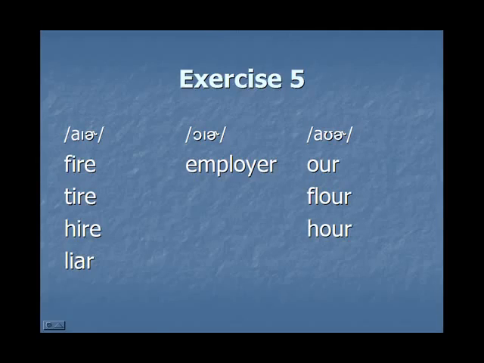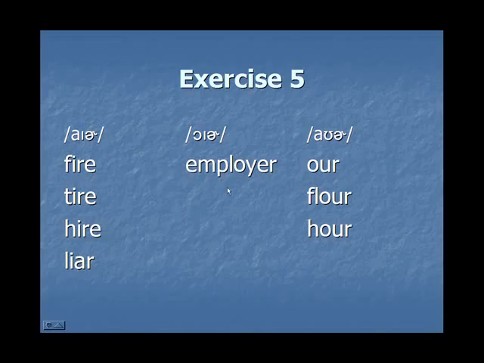Exercise 5. In these words, be sure to make the R sound a separate syllable. Here's group 1. All these words have 2 syllables. Repeat after me. Fire, tire, hire, liar. This word has 3 syllables.